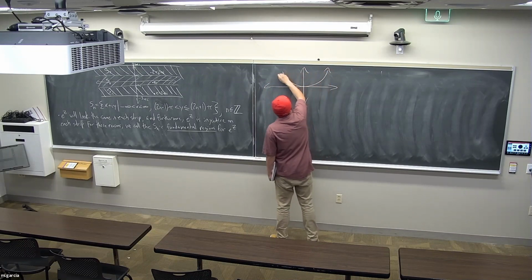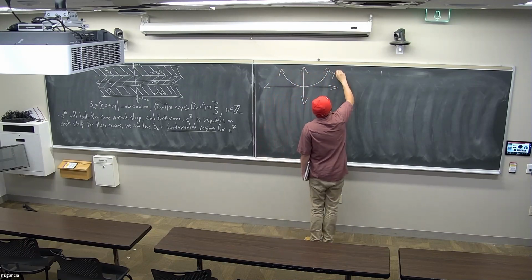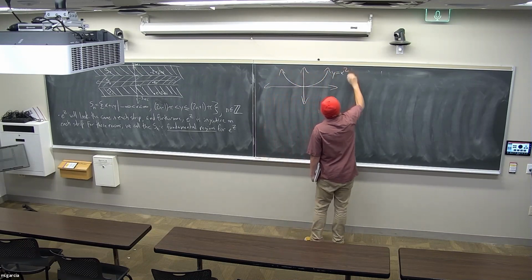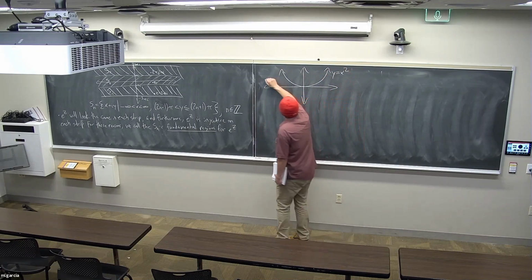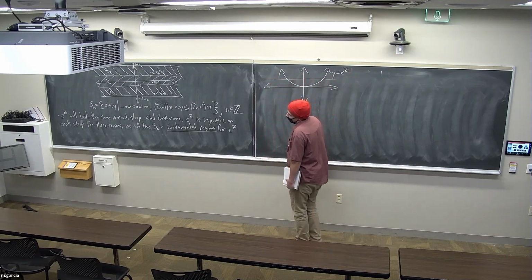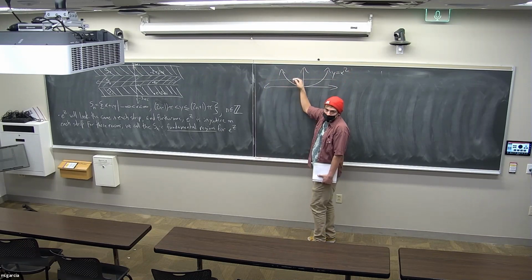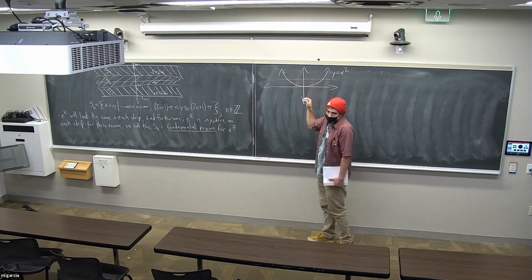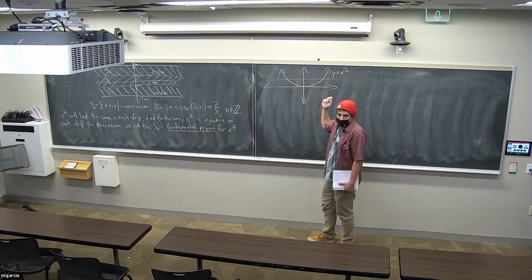Here's a function y equals x squared, right? Clearly this does not pass the horizontal line test. Any horizontal line I draw above the x-axis will cross the graph twice.